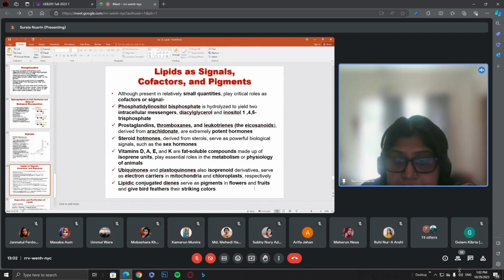So they are functioning as the pigments, and they are present in flowers and fruits, or even bird feathers. So they are very colorful, and those are actually made up of pigments, and those pigments are lipid in nature.